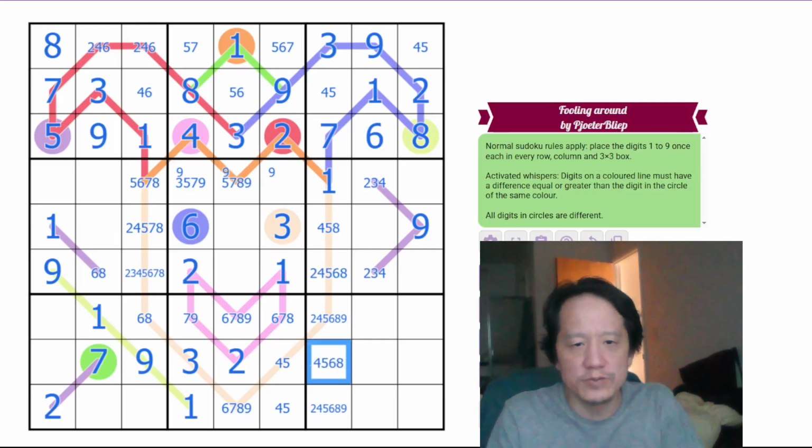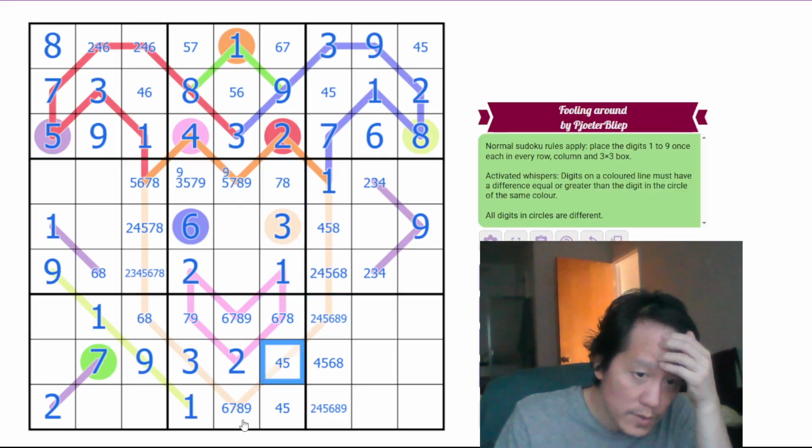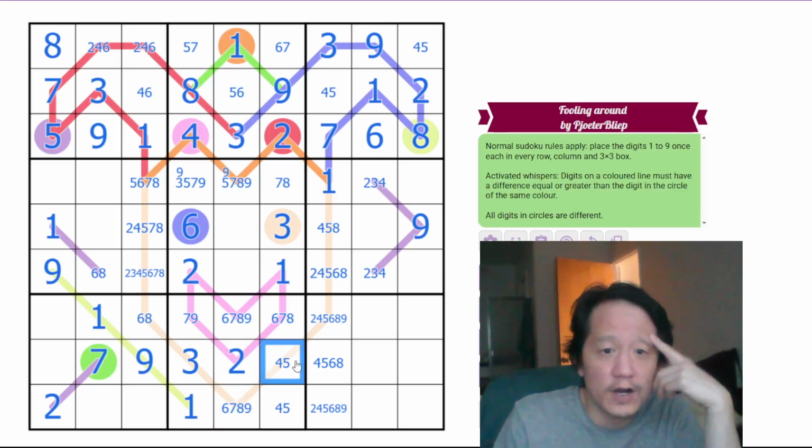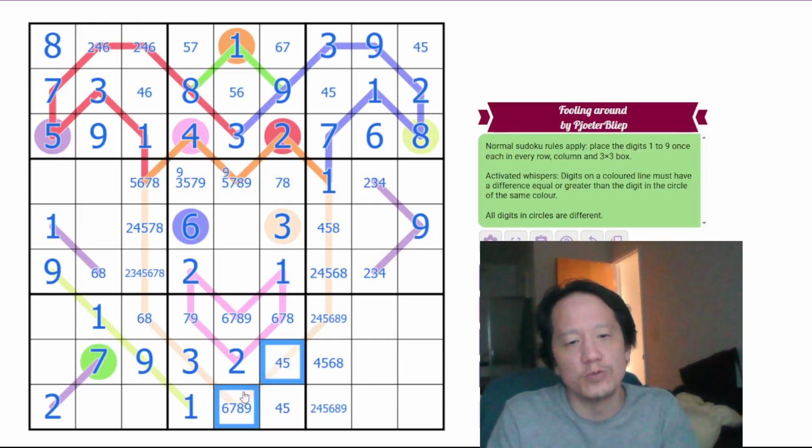That eliminates 2 and 9 here. This 4, 5 pair eliminates 4 and 5 in the rest of the column. This can't be 9. This has to be 6, 7, or 8 here. Can't be 6 because of the 6 in the box. This is 4, 5. That is, 6 cannot be 3 or more away from 4 or 5.